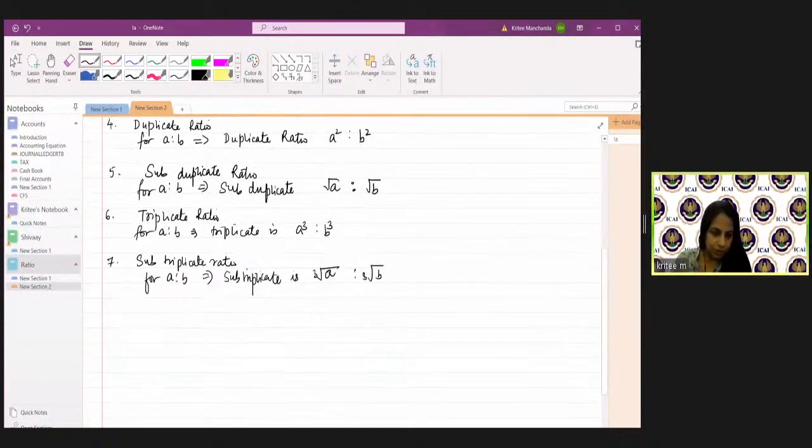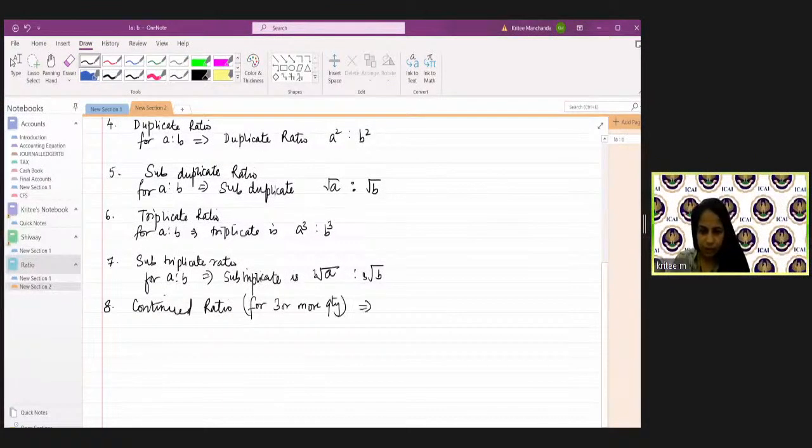Then we learned the concept of continued ratio, that is for any three or more quantities. The continued ratio is A is to B is to C is to D, for as many quantities as there are. That is a comparison of three or more quantities.